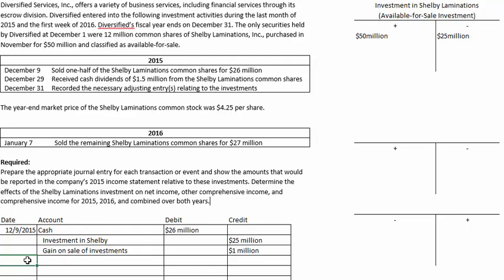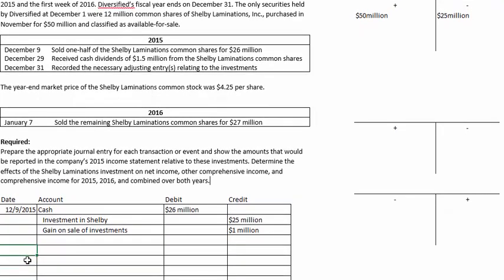So on December 29th of 2015, we are going to receive cash of $1.5 million. Now what do we credit? That's the question. Fairly simple, actually.